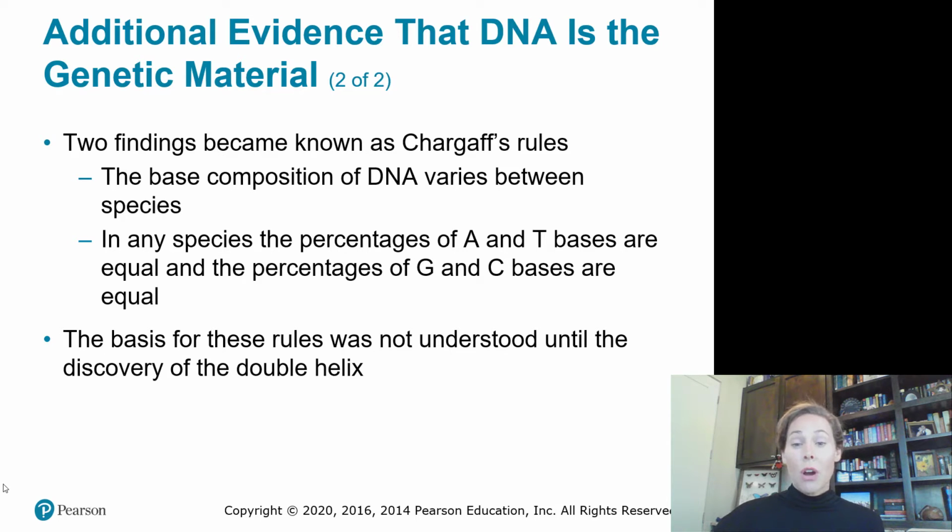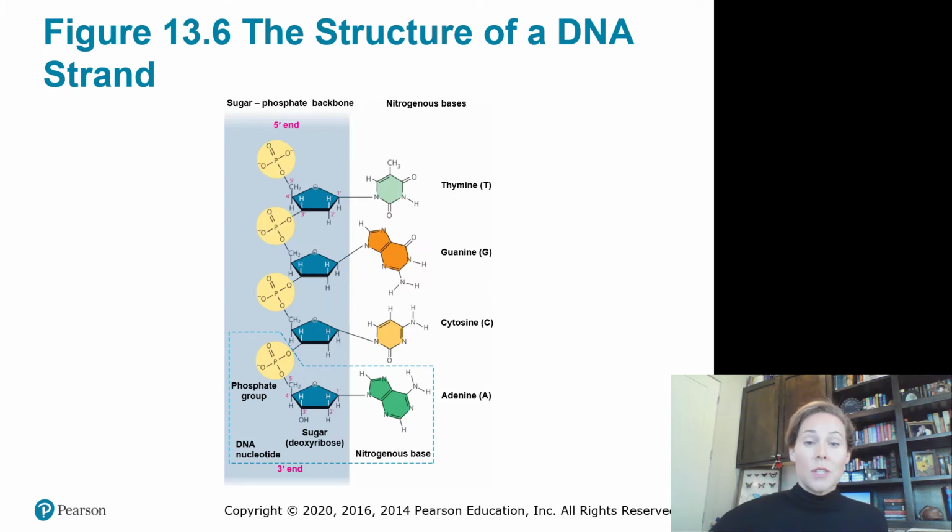We haven't talked about A, T, G, and C just yet, and that makes no sense right now, but it will a little bit later on. He was important for discovering that the percentages are equal.